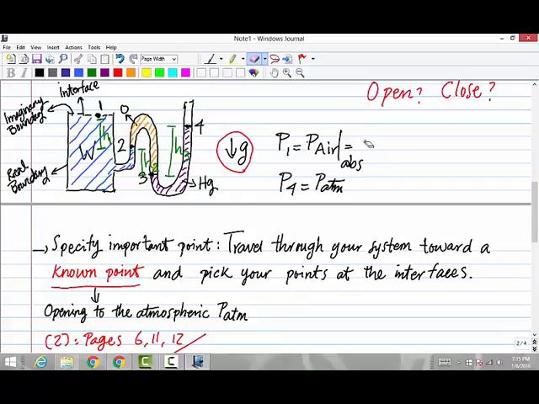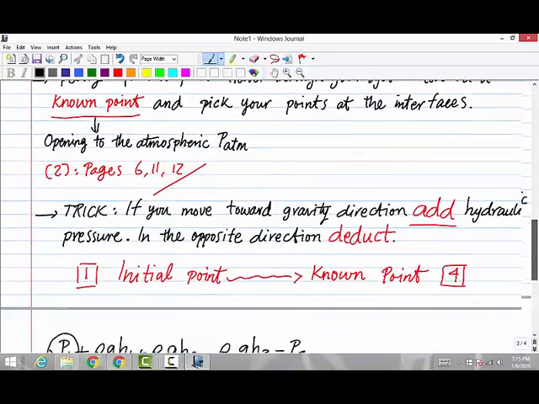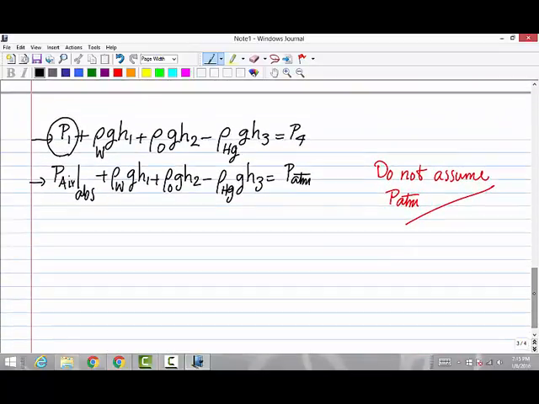We are still looking for this. So do not assume, and do not look for the value of the P atmosphere.